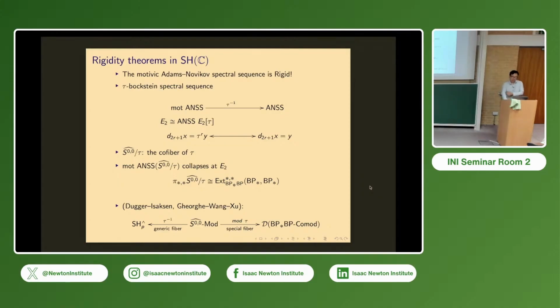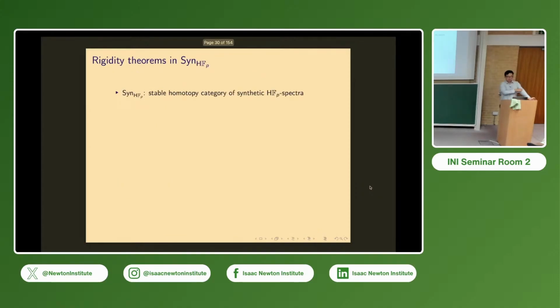All right, so having this background in mind, Pstrągowski introduced to us something called the synthetic spectrum. So I'm going to specialize to the case that it's based over a theory E, where E is HFp. So this is the stable homotopy category of synthetic HFp spectra. So just like the motivic case, there are bigraded spheres, and there is a map in degree (0,-1) between the spheres. So to make a distinction, I'm going to call this parameter lambda.